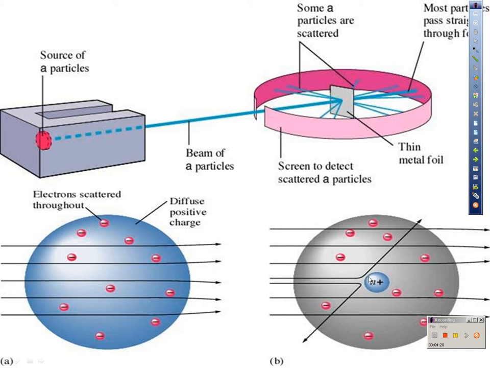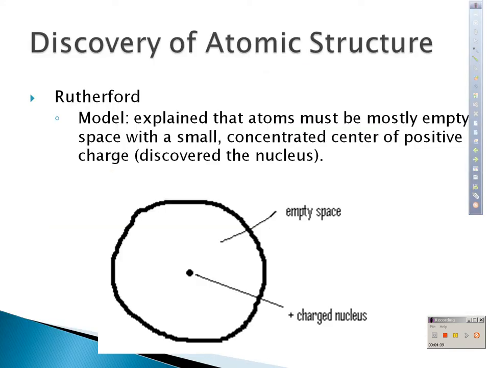He said that it was mostly empty space inside of an atom, and that there was a charged nucleus right in the middle. And again, that's a really accurate drawing. Not really. That's how Rutherford's gold foil experiment discovered the nucleus.